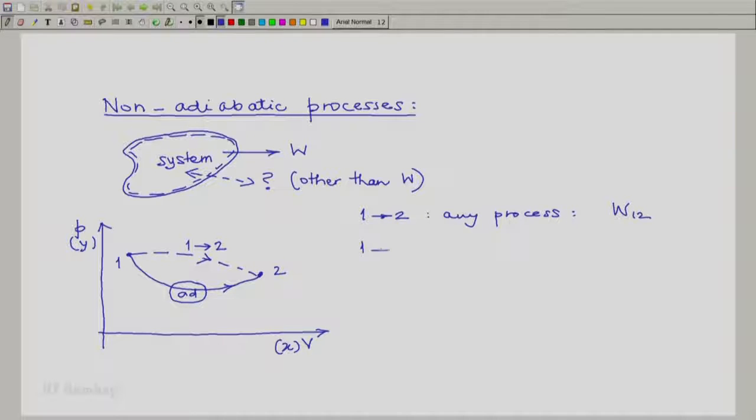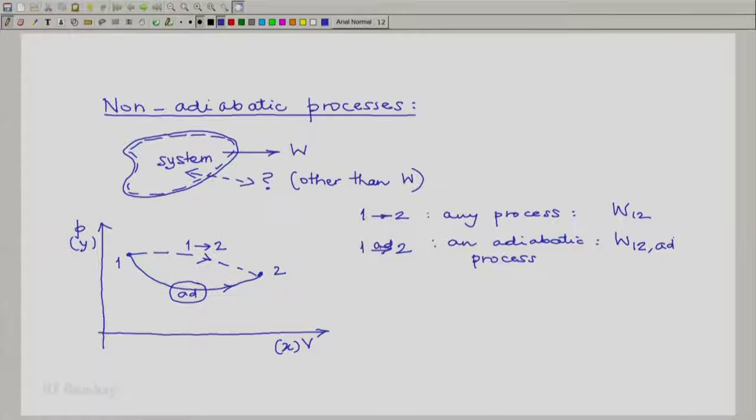In the process 1 AD 2, which is an adiabatic process, let the work done be W12 adiabatic.